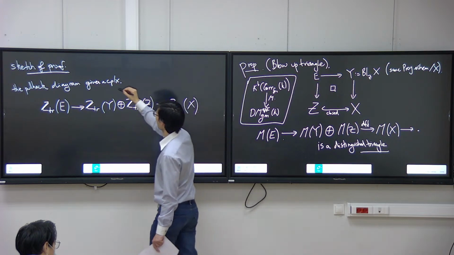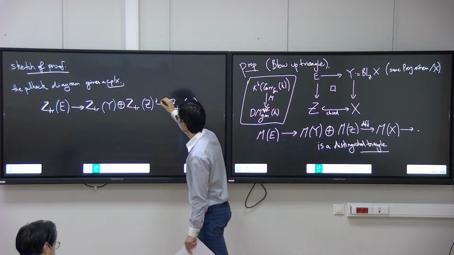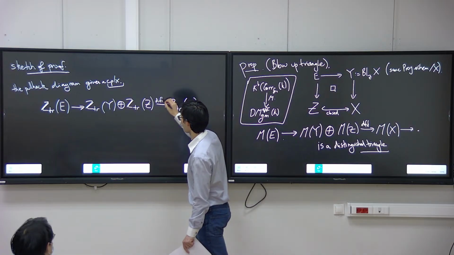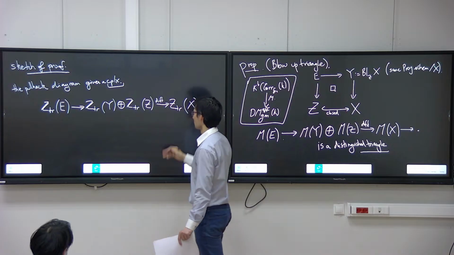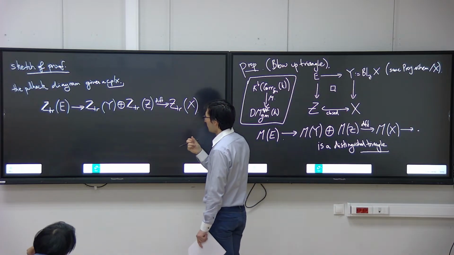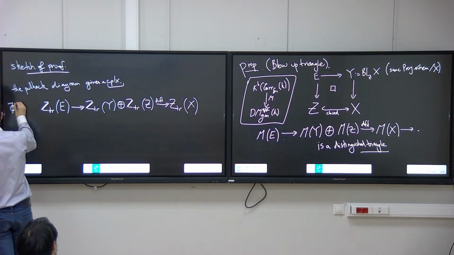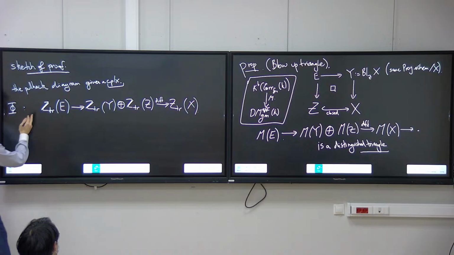And this is really a complex because I define this map here to be the difference of the two maps. So I get something that composes to be zero. Now, basically, let's call this complex capital phi.